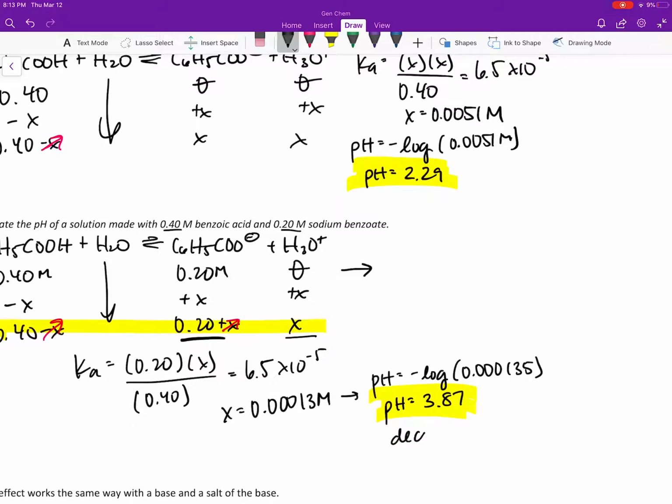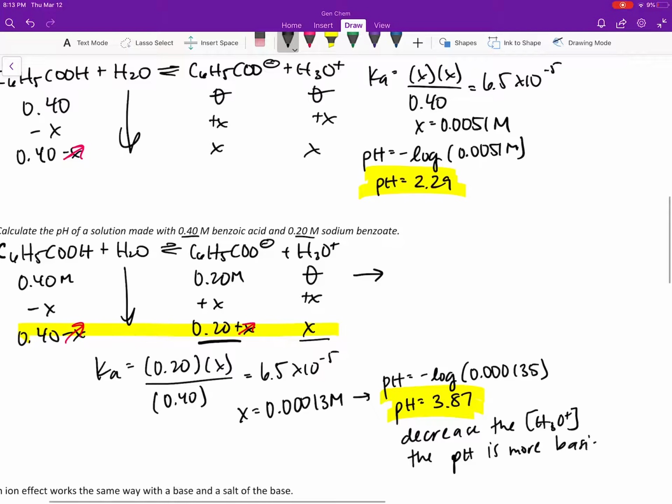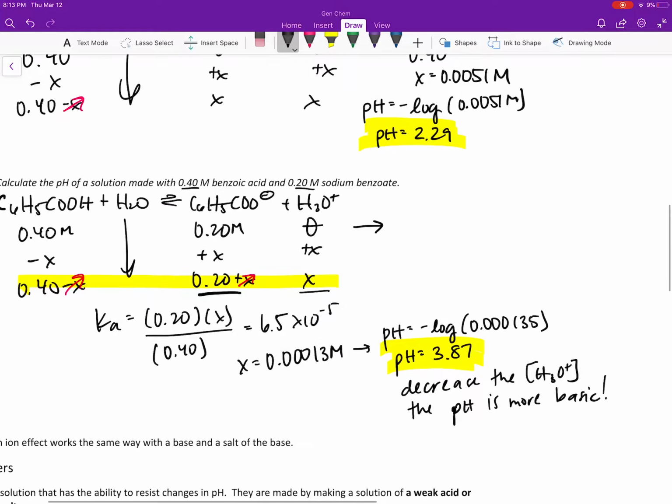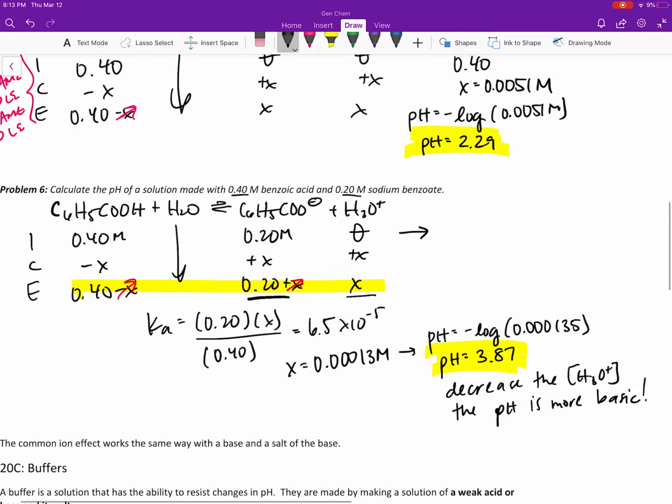So because we're decreasing the amount of H3O plus, the pH is more basic. Okay, so that's the effect of starting with a certain amount. The reaction doesn't go as far to the right as it would have, meaning the pH is 3.87 versus the 2.29 that we saw above.